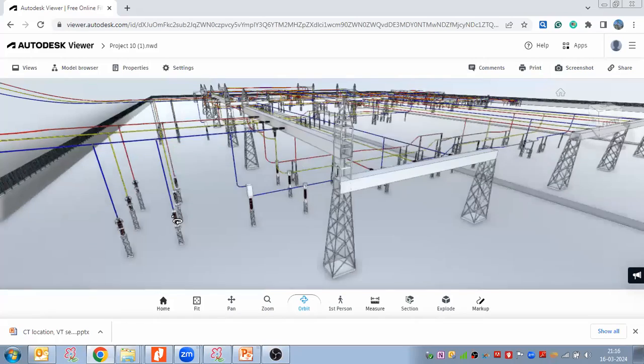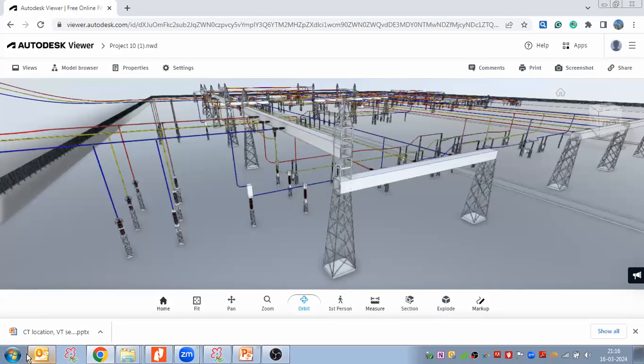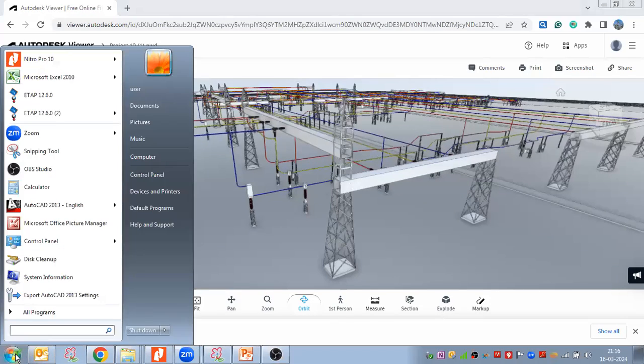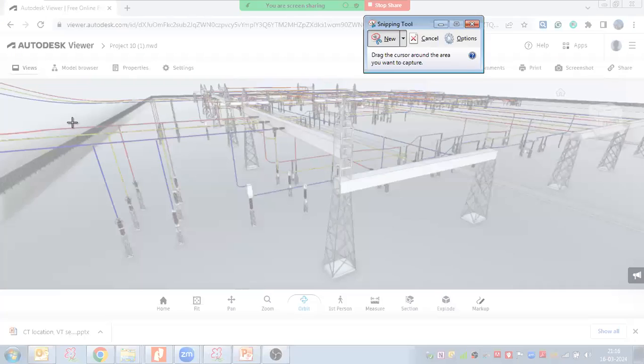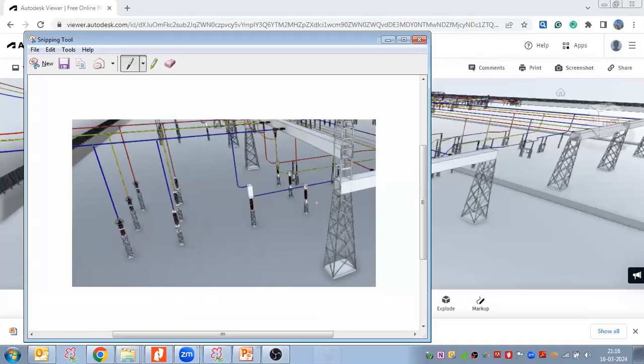The capacitor voltage transformer and the current transformer both come under instrument transformers, so we have taken both equipment together. So far we have discussed the current transformer.